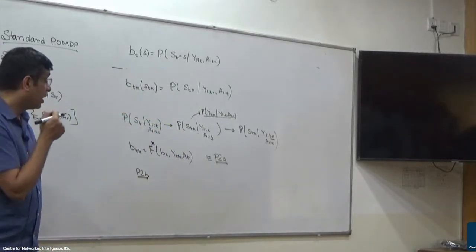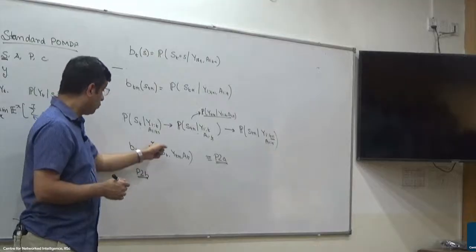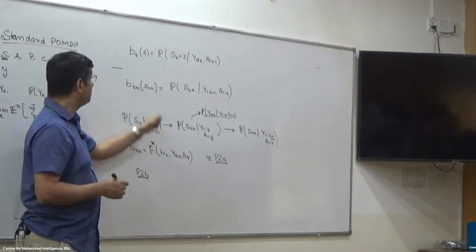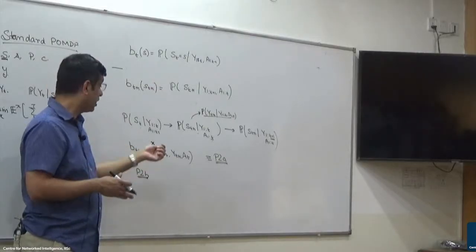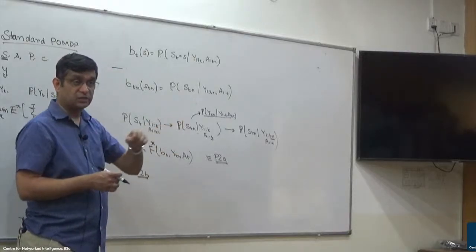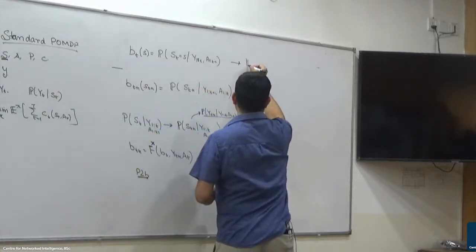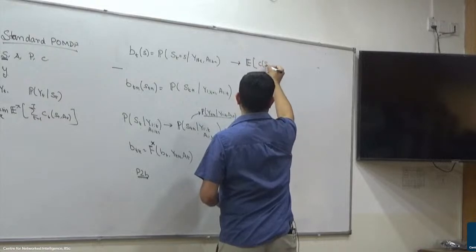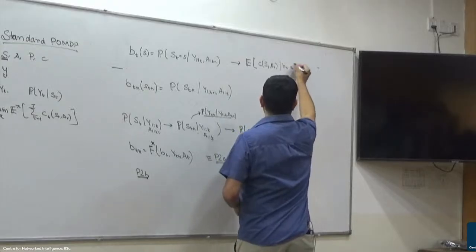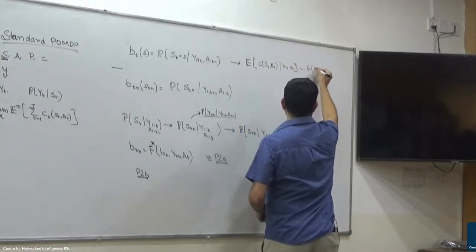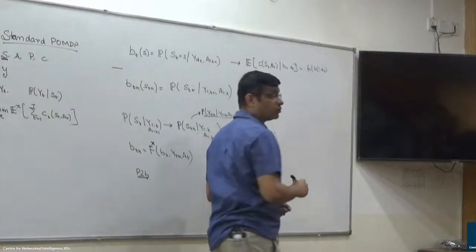Okay. And finally, the fact that this belief can be recursively updated without knowing the policy means that the belief itself does not depend on the policy. I start with the initial belief, which will be policy independent, and I keep on recursively updating it, and I'll get a sequence of beliefs which are policy independent. So, from this belief, I can write down the expectation of the cost of Ft and At conditioned on Ht and At as a function of the belief and action, and since this belief does not depend on the policy, this function does not depend on the policy.